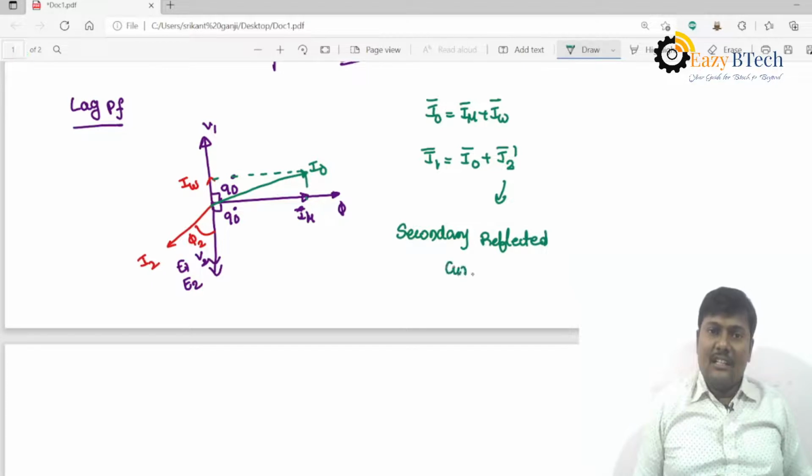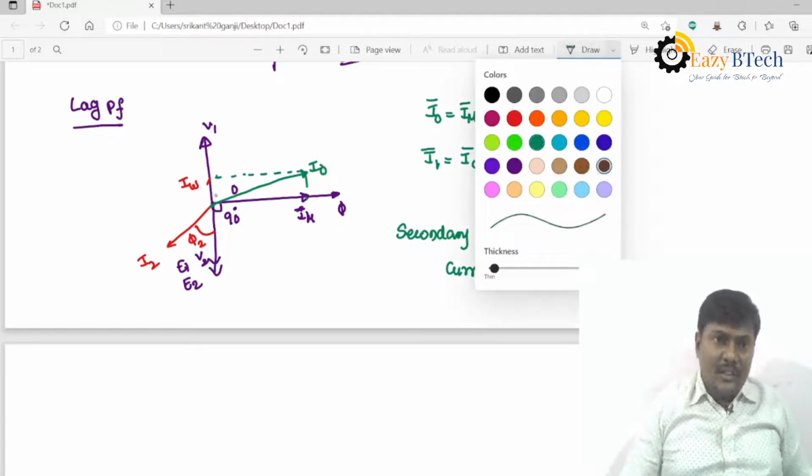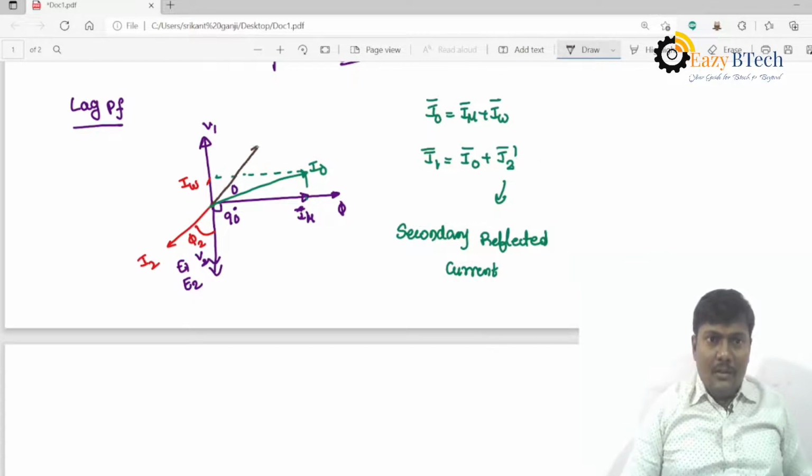It is exactly 180 degrees to I2. So this is a line. I am drawing with different colors. So this is called the I2 dash.